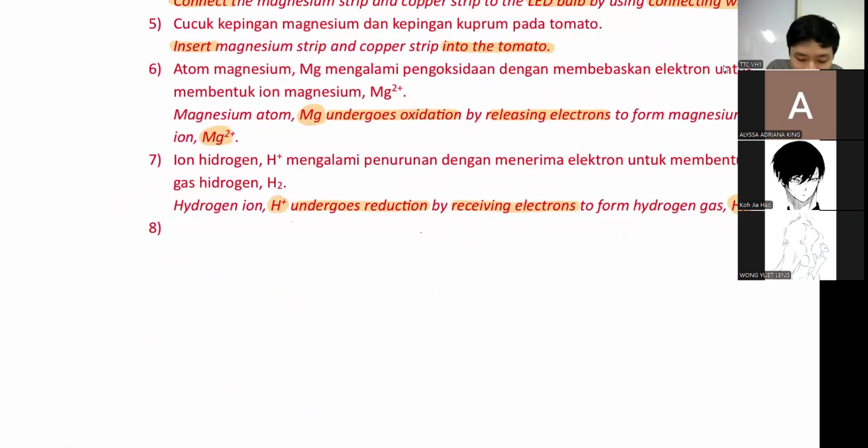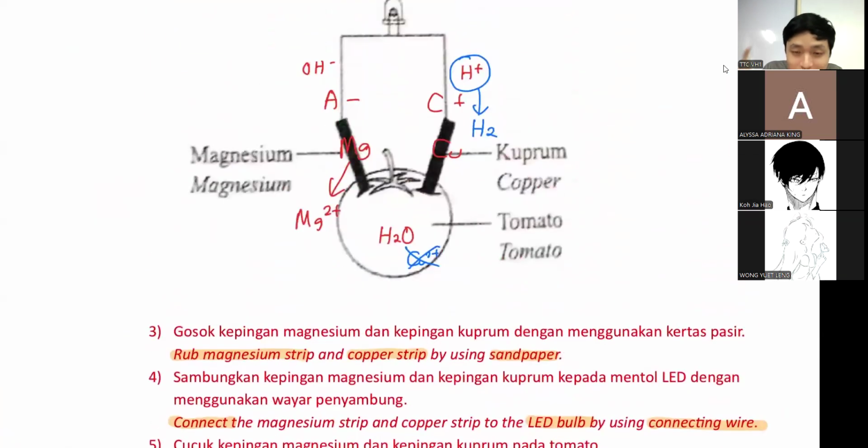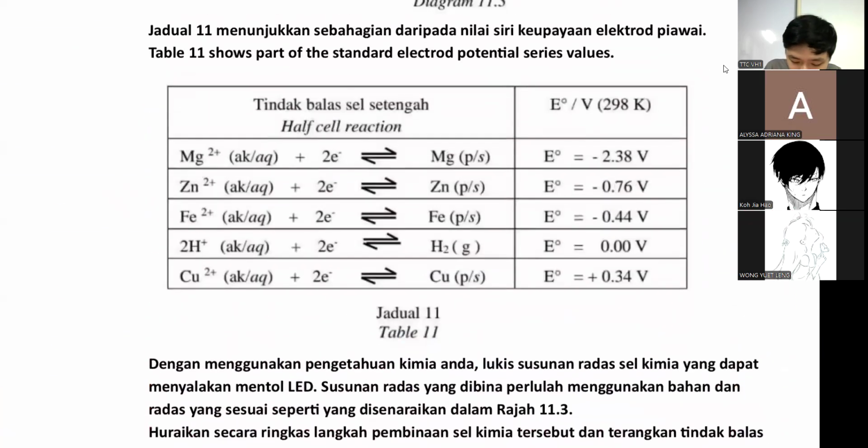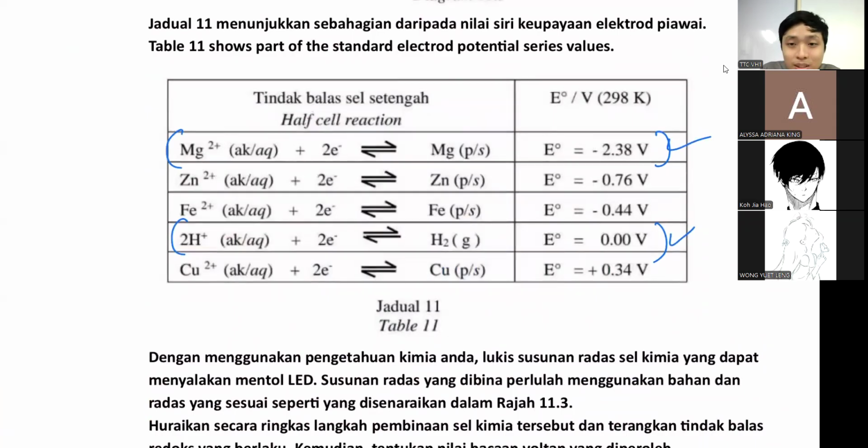So for this cell, you don't use the copper one. You use the Mg and the H+. So you use this minus this.